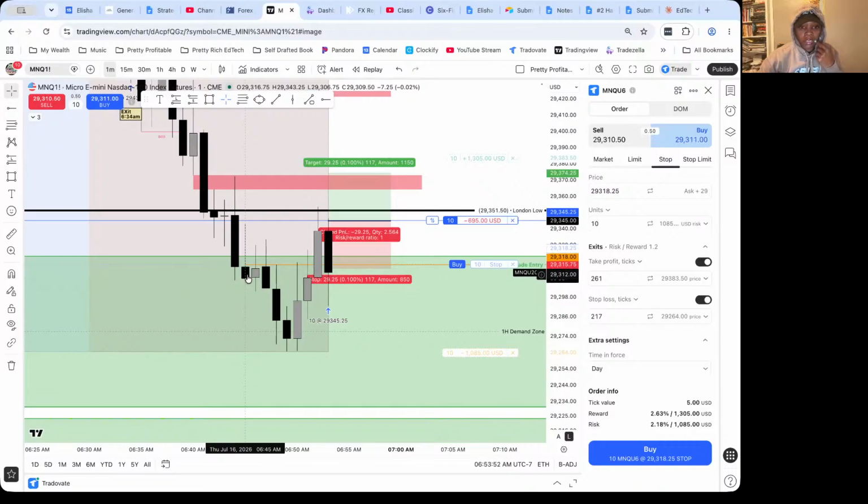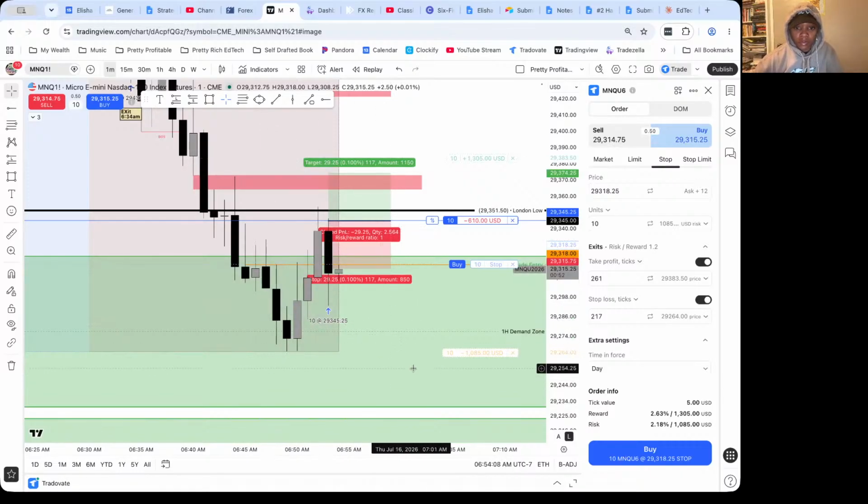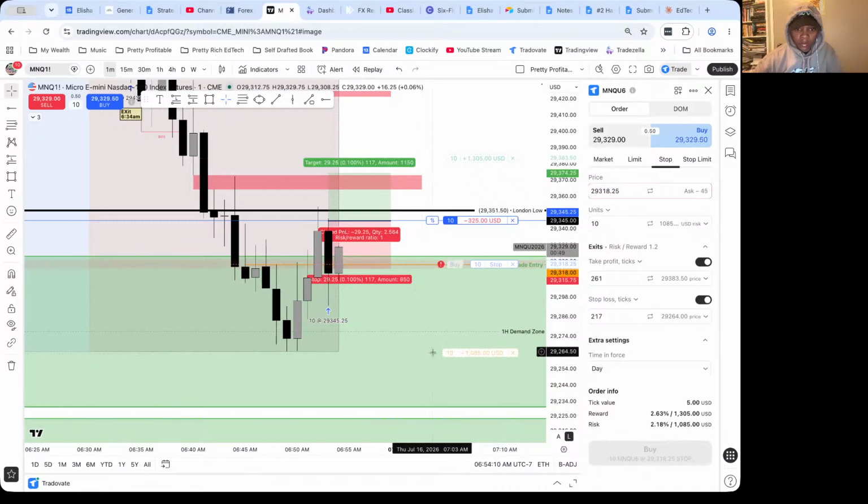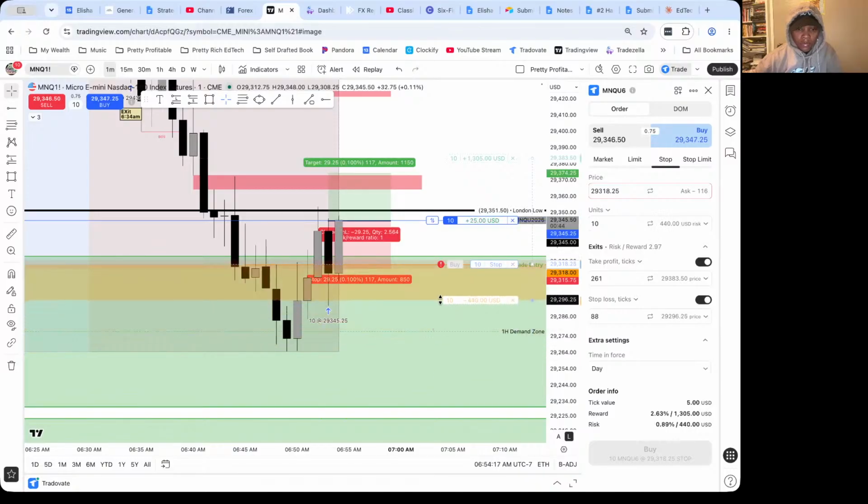Does the rejection candle have to be a bullish candle specifically, or does the color matter, or is it just the shape? I do want to get better at that.